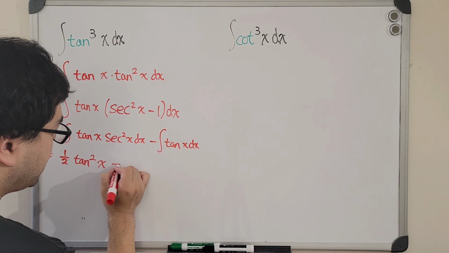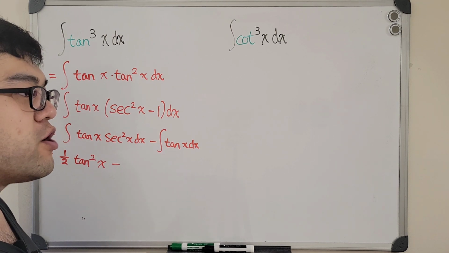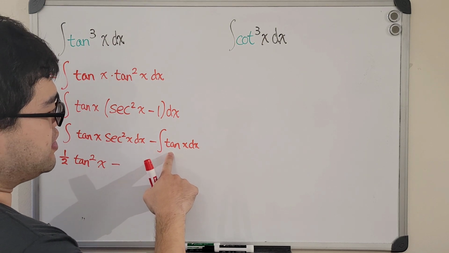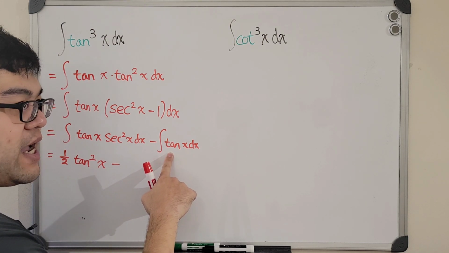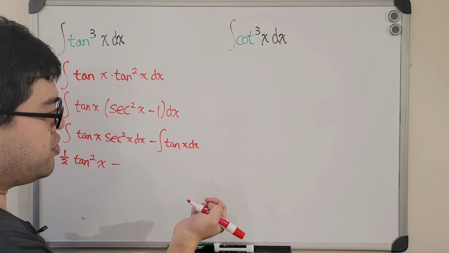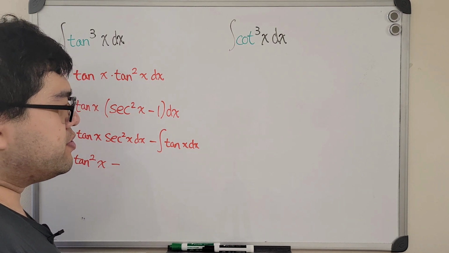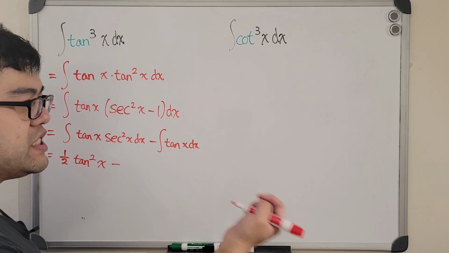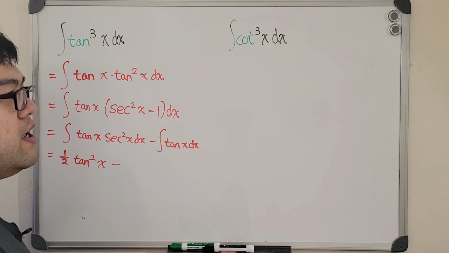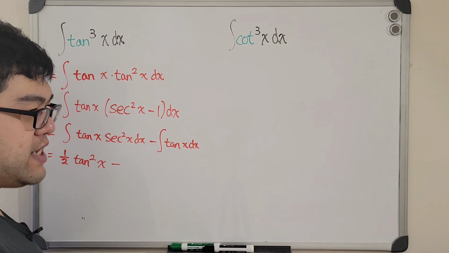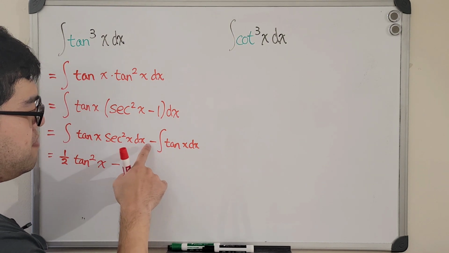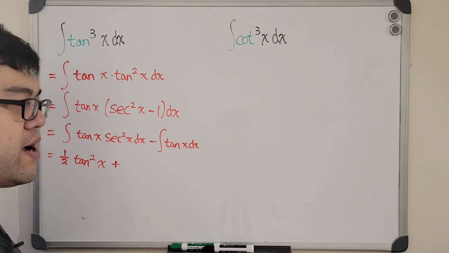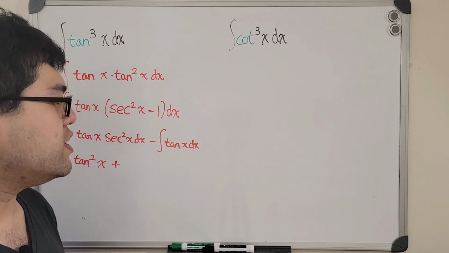Now for the second integral, if you don't remember, you can go back to one of my old videos and find out the result. But in fact, we would need to rewrite tangent as sine over cosine and then do a u-sub where u will be the denominator, cosine. And then, of course, in that case, the du part will just become the numerator, sine of x, with a negative sign, meaning that we actually will distribute the negative into it, such that we will actually get the integral of 1 over u du.